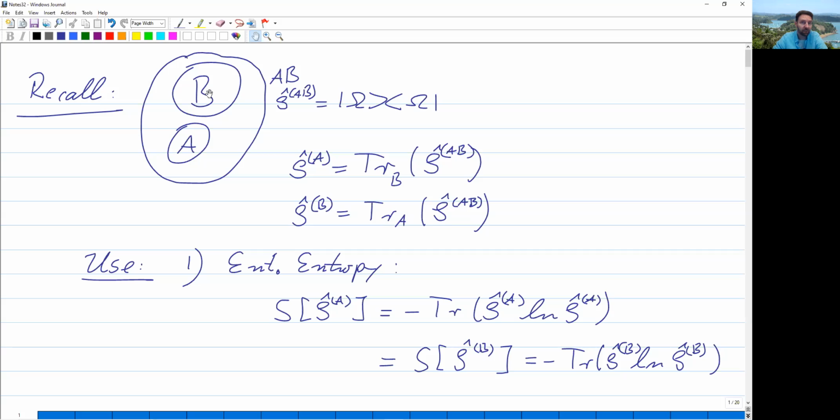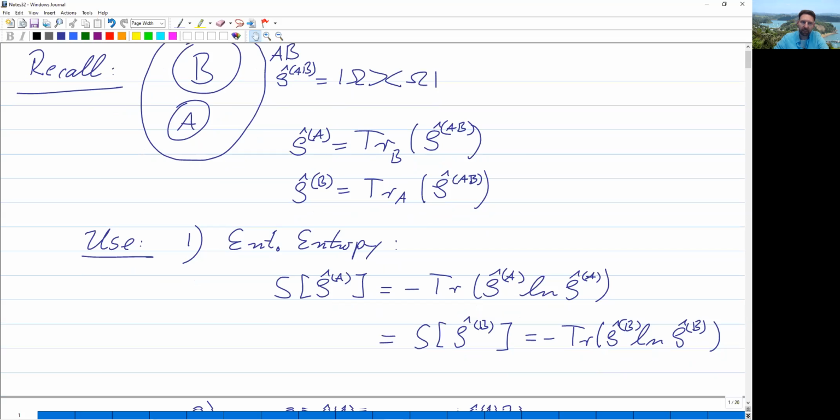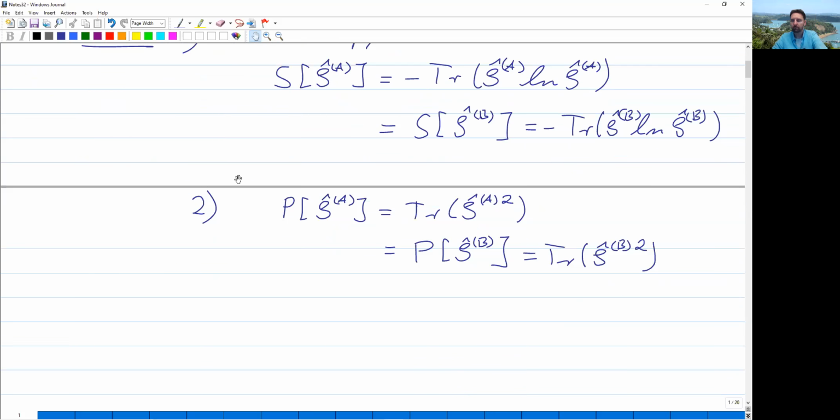But we can calculate, that's what we will do today, how what looks like a wave function collapse, what looks like the pure state density matrix of A, evolving into a mixed state density matrix, how that comes about. So that's what we will do today. We'll study the dynamics of composite systems.